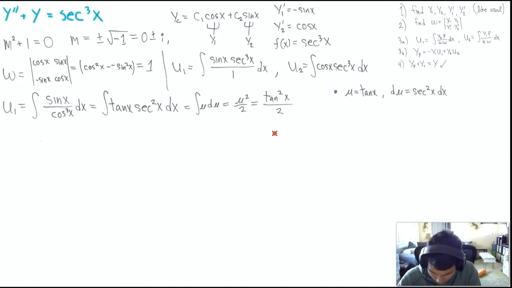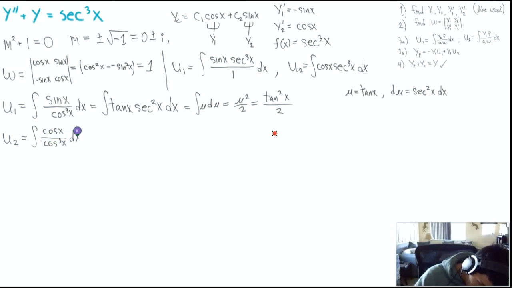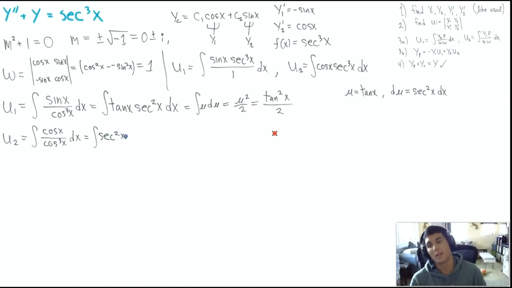Okay, let's find u2. It's going to be what? It's going to be cosine over here and cosine down here, which is secant squared x. Okay, so secant. Is there an identity we can use?